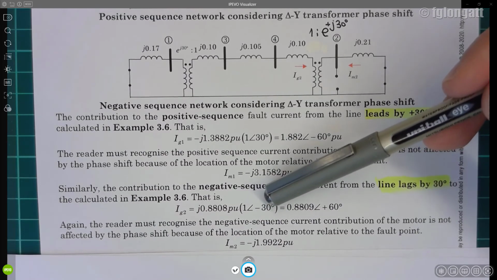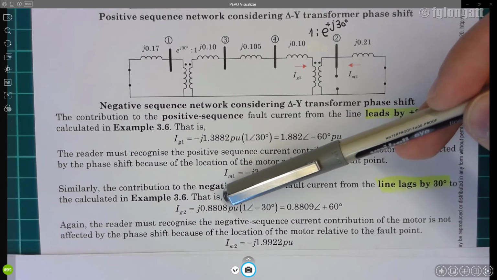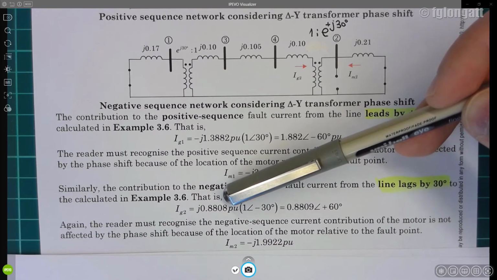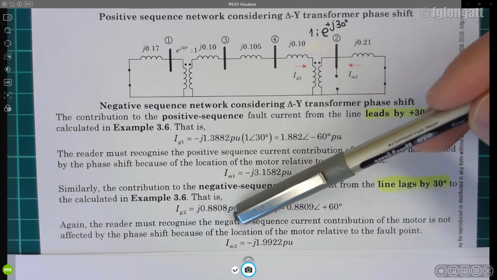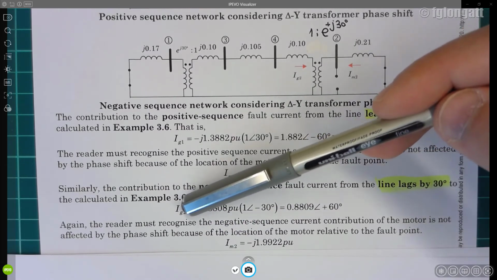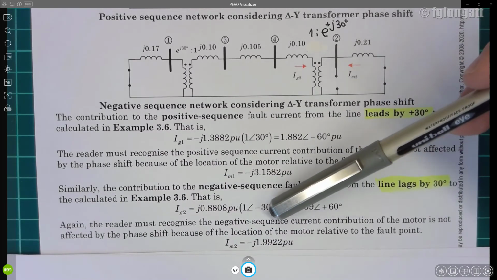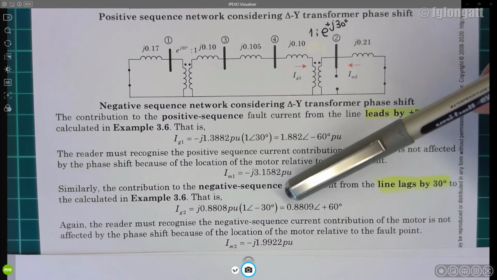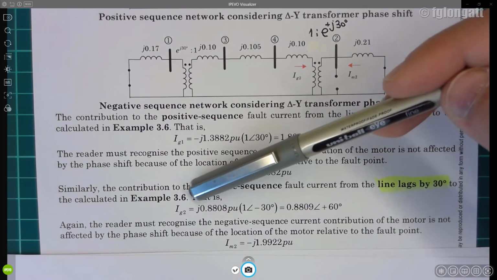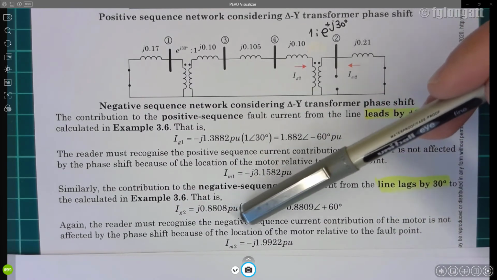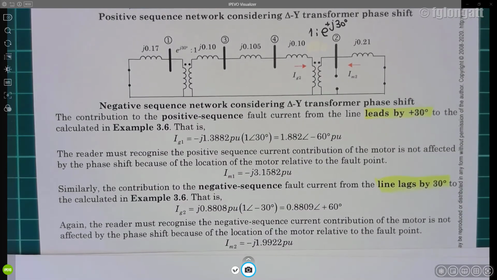Now you can see that I am multiplying by minus 30 degree here, and this is the negative sequence current contribution coming from the generator, which we obtained in example 3.5, j0.8. We multiply by this phase shift, the same magnitude, but the angle, well, here there is 90 degree, and by shifting the angle by minus 30, we obtain plus 60 degree.